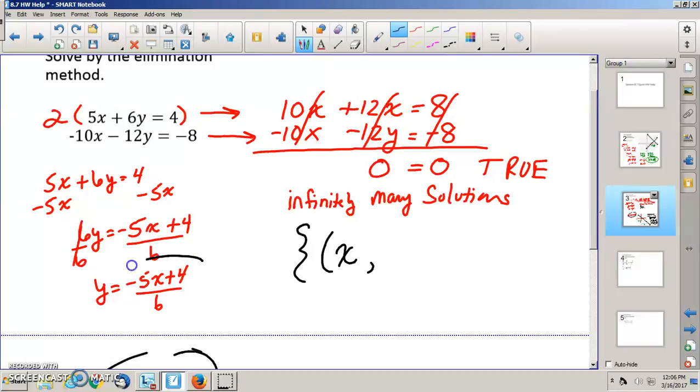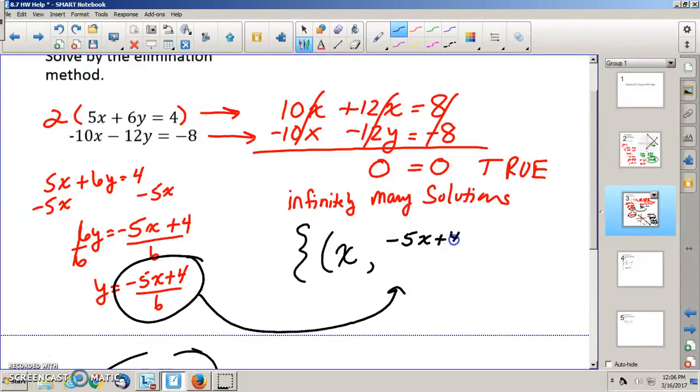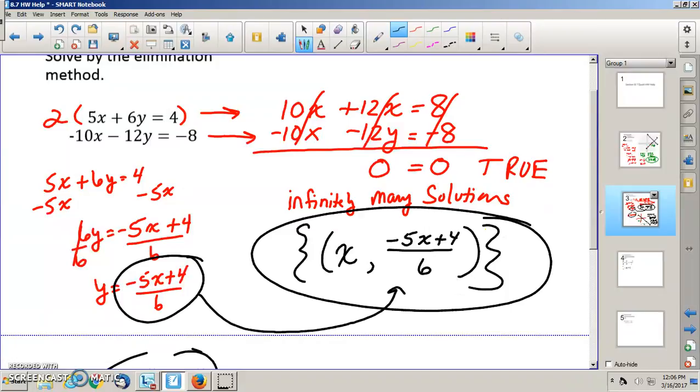So it's this right here. That becomes our y coordinate. So this is why I told you before that we were going to have to solve this anyway. What that's saying is pick a number for x, plug it into this expression, negative 5x plus 4 over 6, to find the corresponding y coordinate. So that's how you write the answer for infinitely many solutions.